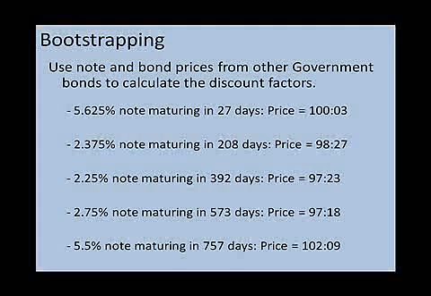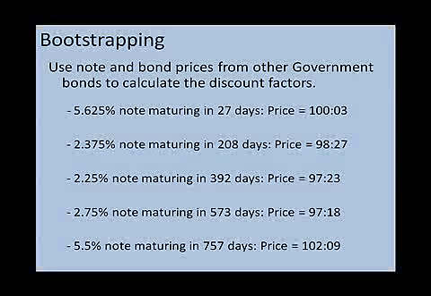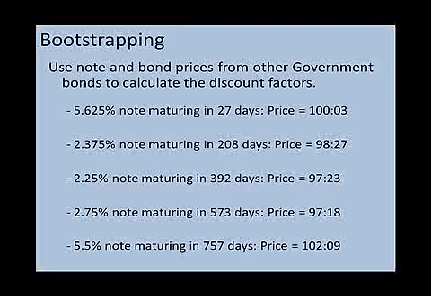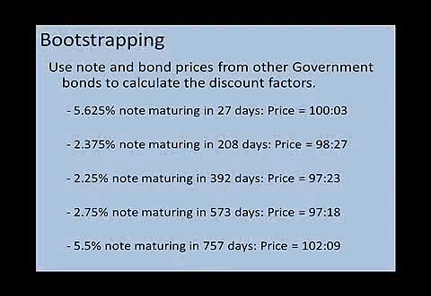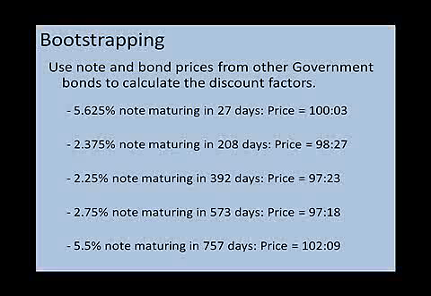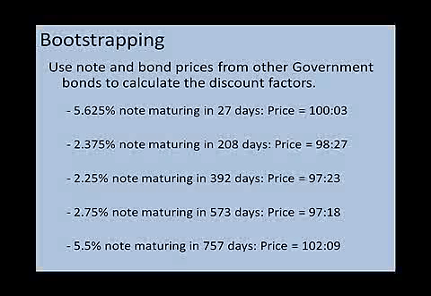For the 392-day discount factor, we need to find a note or bond that matures in 392 days. And the same for all the other days where we need discount factors. And here we have 5 different notes that mature on each of the days when we receive payments from our bond.